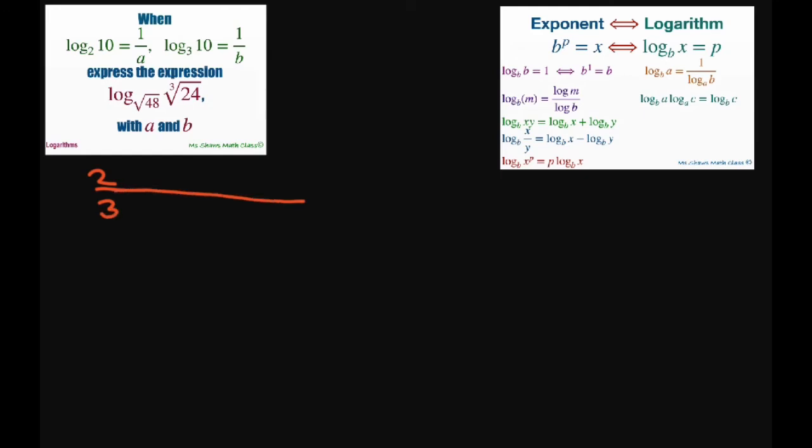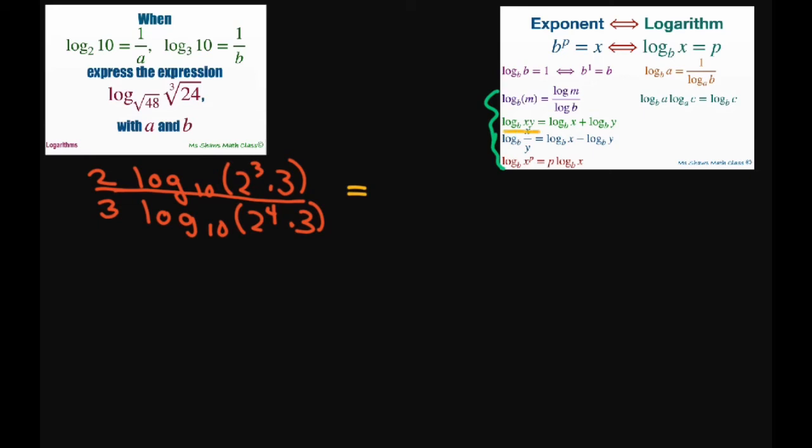And then in the numerator, let me just write what we had. We had log base 10 of 2 cubed times 3. And then we had log base 10 of 2 to the power of 4 times 3. So now we're going to use our basic log rules here and expand this to write this as a product, and also use this power rule.